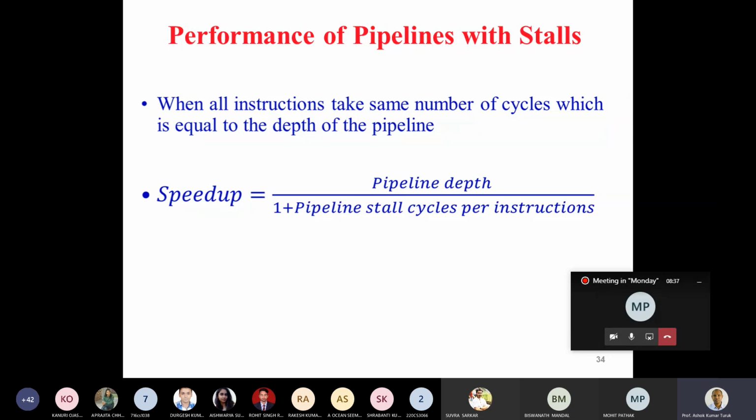And this equation assumes that we are trying to reduce the number of clock cycles per instruction. Also, there are two ways we can see the pipeline: it is reducing the number of clock cycles per instruction, or it is reducing the clock cycle time.